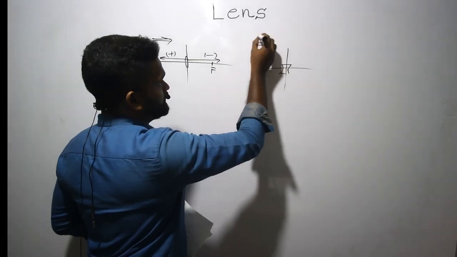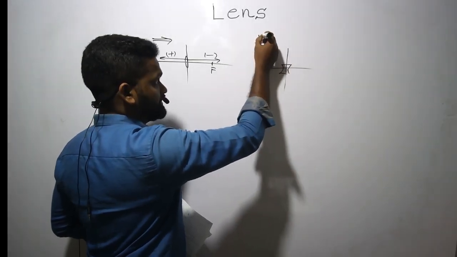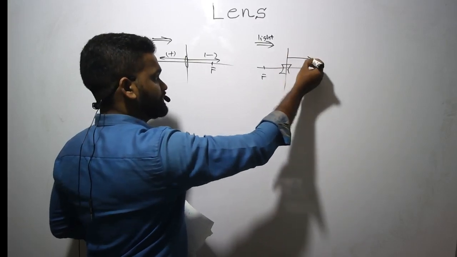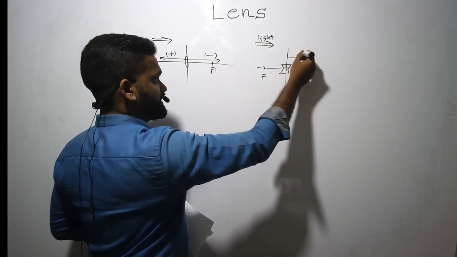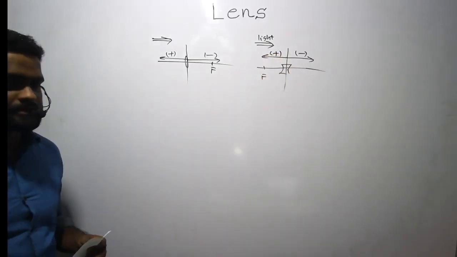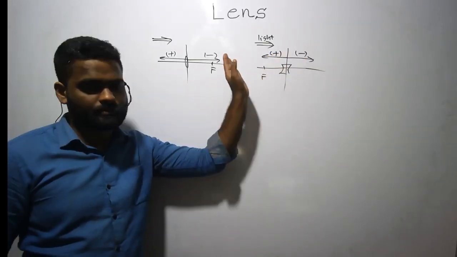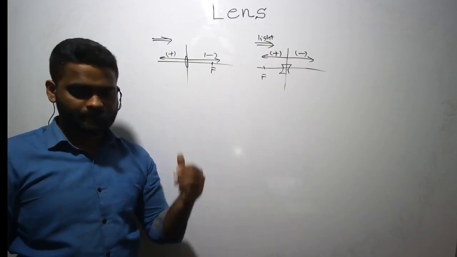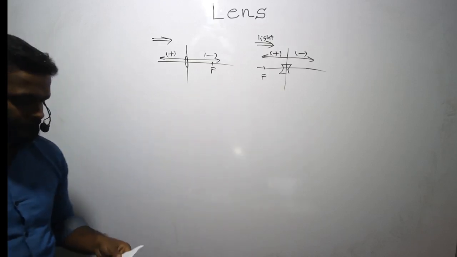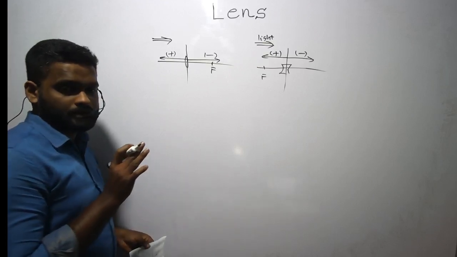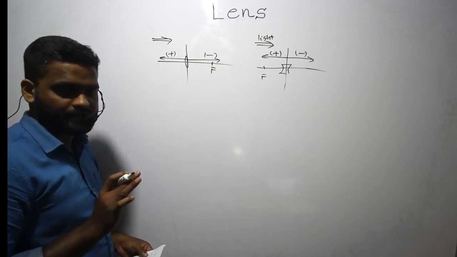Same case, right? If the light is coming from this side, any measurement to this side is negative, opposite side positive. That is what it means. This side negative, this side positive. Opposite side of the light for both cases. Okay, take it down.